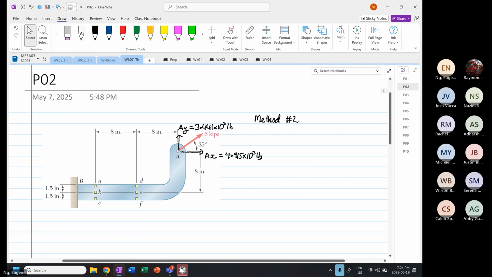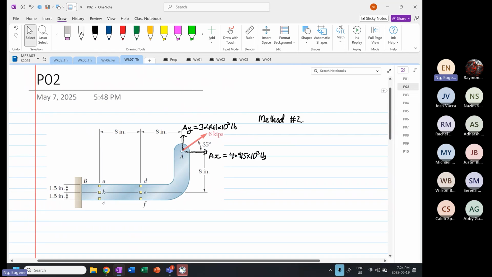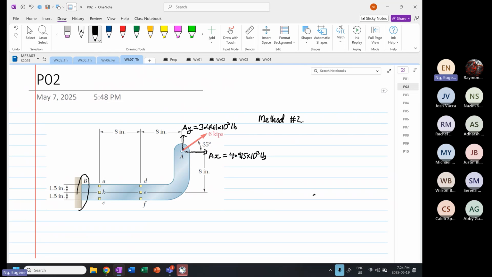Okay. Now, another way of doing it is by using static analysis. Okay. So what we know is if we are going to focus at point B, we're going to focus at AX. Okay.